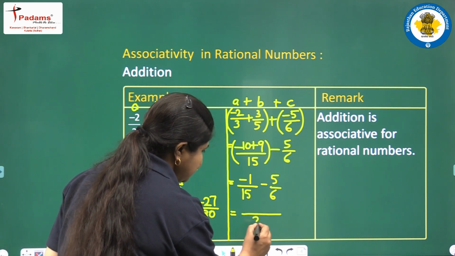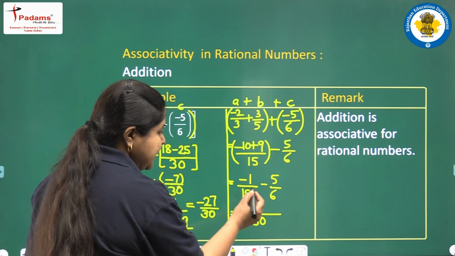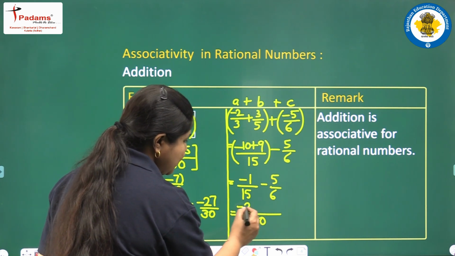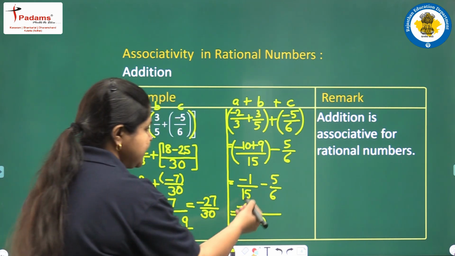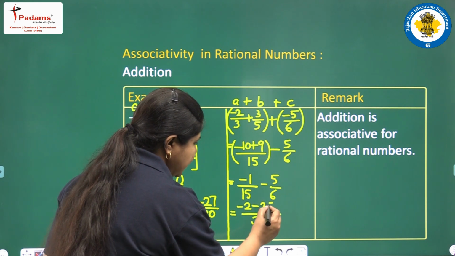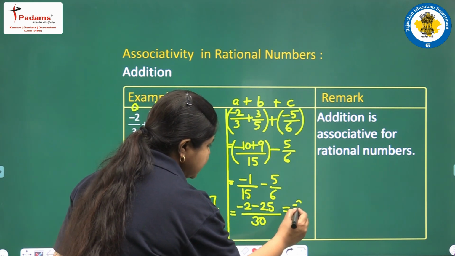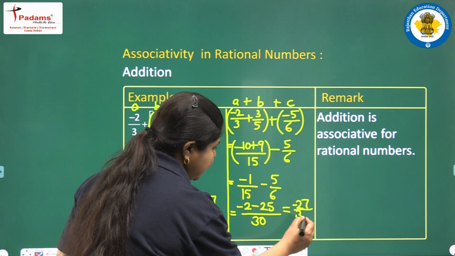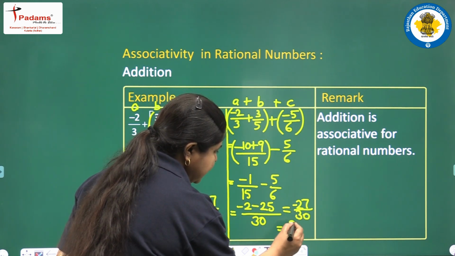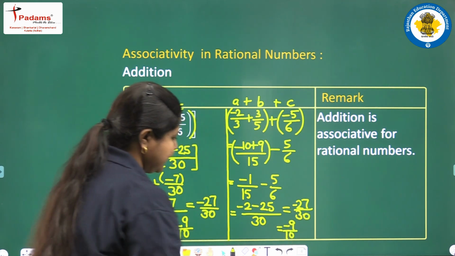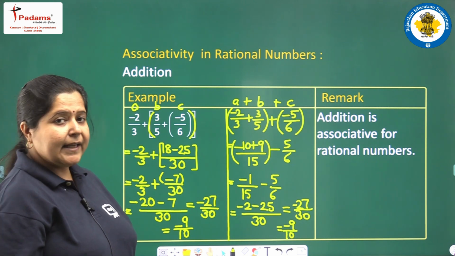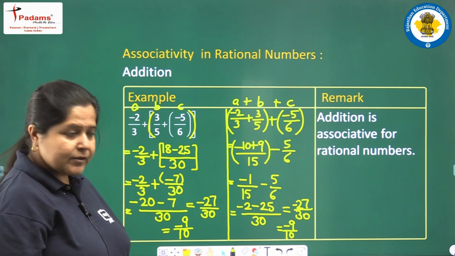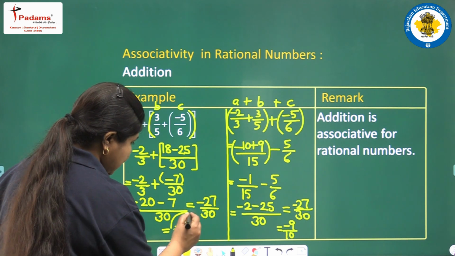We take the LCM to be 30. 15 twos are 30, so minus 2. 6 fives are 30, so 5 fives are 25. This is equal to minus 27 upon 30, which is again equal to minus 9 upon 10. So what do you find? In case of rational numbers also, we are getting the same answer.